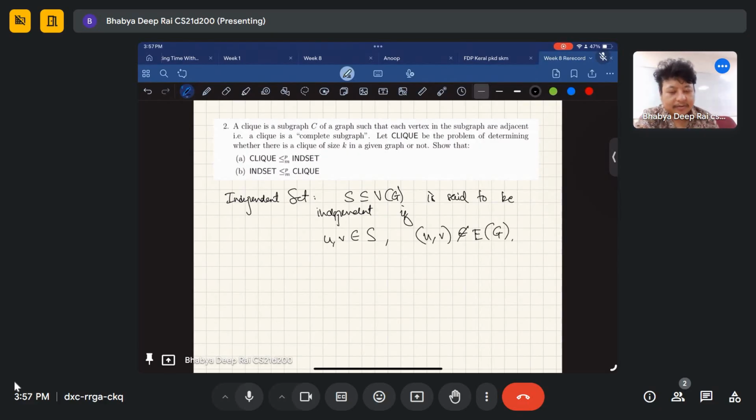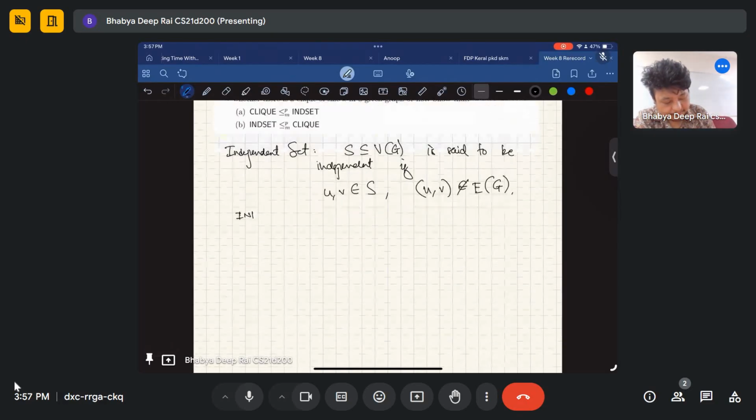Now, we know the clique problem. Independent set is just the following problem.